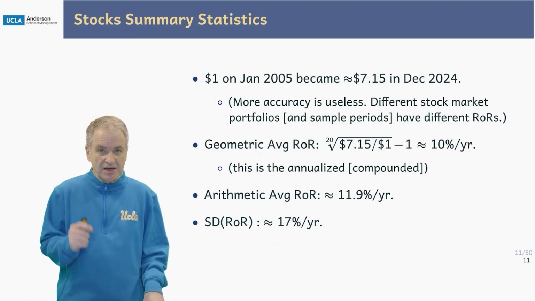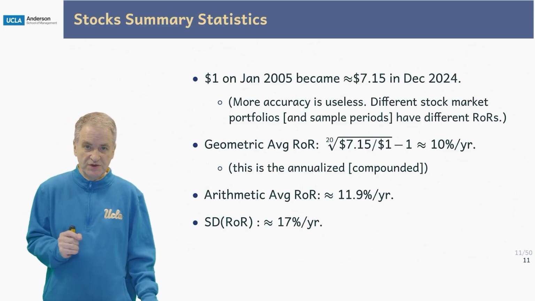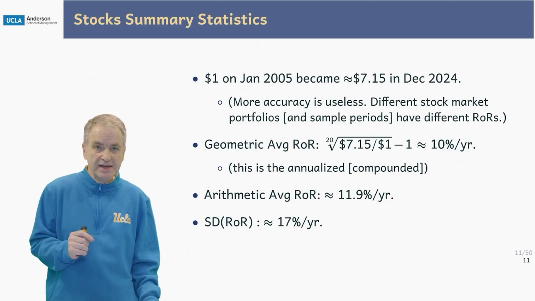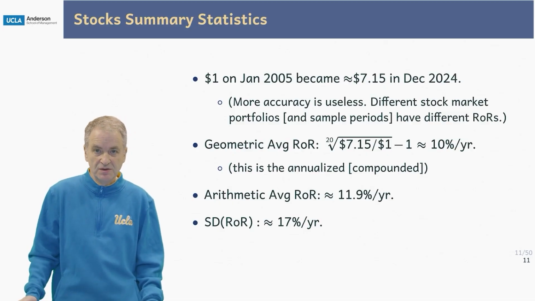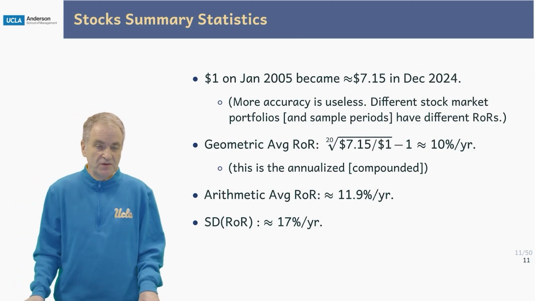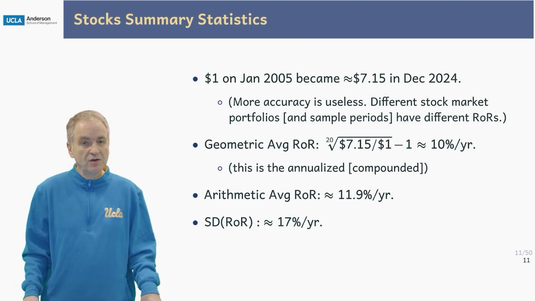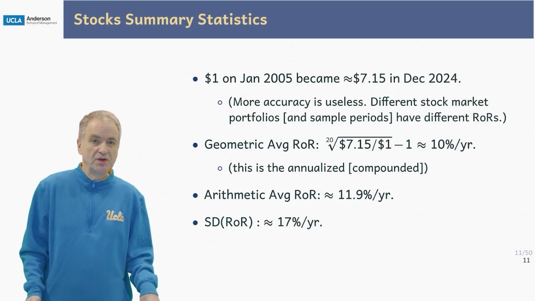The arithmetic average rate of return is higher than this. It's 11.9%. That is always the case. The arithmetic average rate of return is higher than the geometric average rate of return. And finally, the standard deviation of your rate of return, which you can think of as the risk of your portfolio, was about 17% per year.